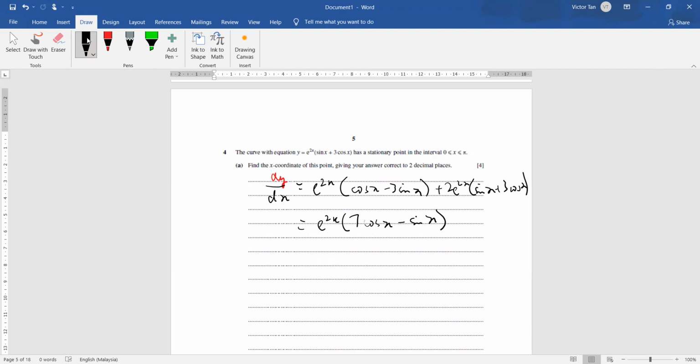At the stationary point, dy/dx is 0. So e to the power of 2x is not 0, so 7 cos x minus sin x equals 0. Here, when you have an equation in sin x and cos x, you divide by cos x, you get tan x equals 7.